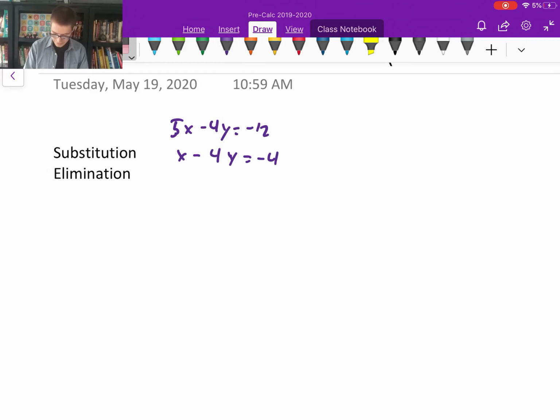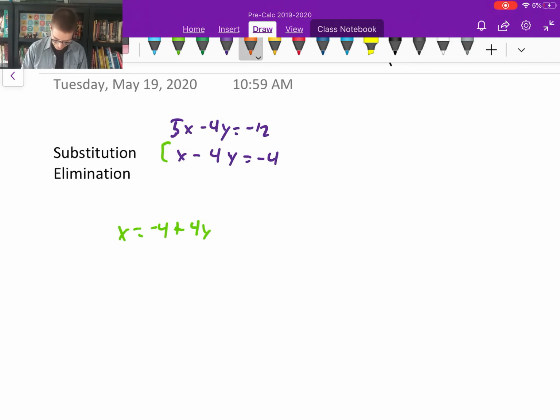Substitution says something pretty simple. It says, let's just solve for one of the variables, plug it in, and solve for the other variable. So, for example, I could solve the second equation and say that x equals negative 4 plus 4y. And I could plug that into the first equation.